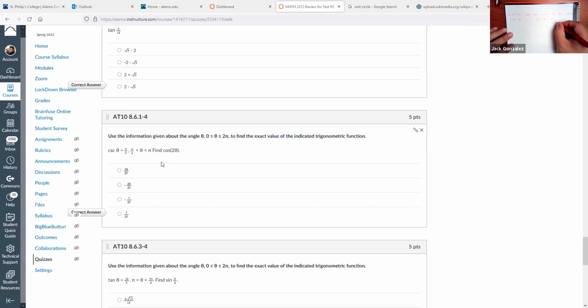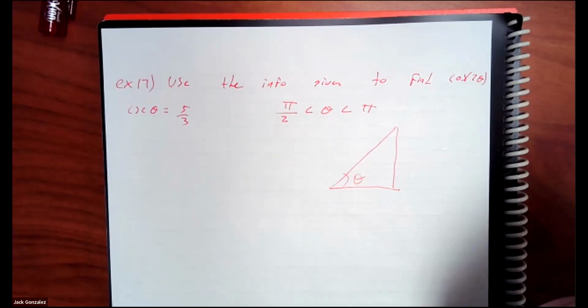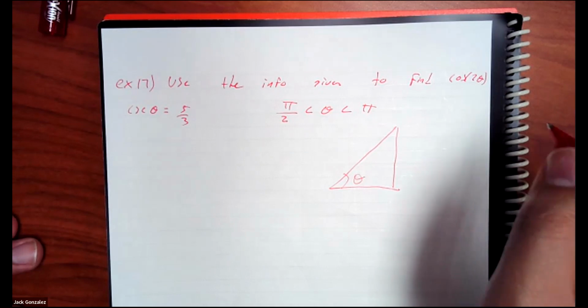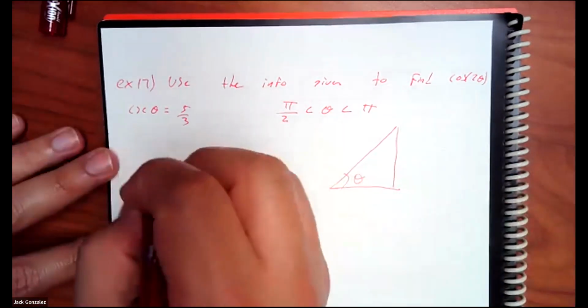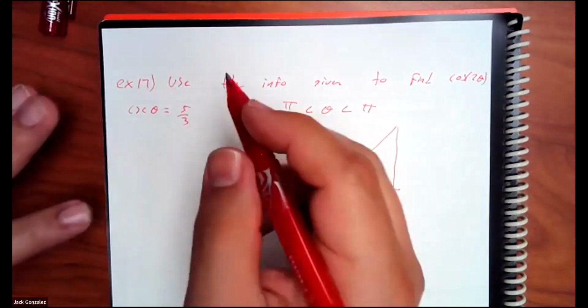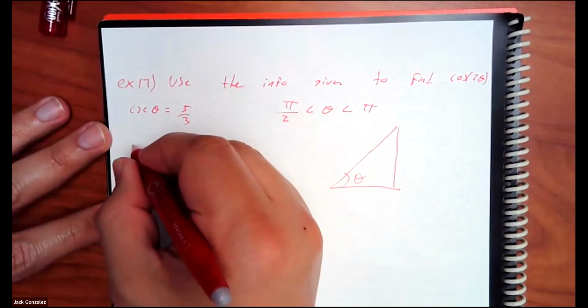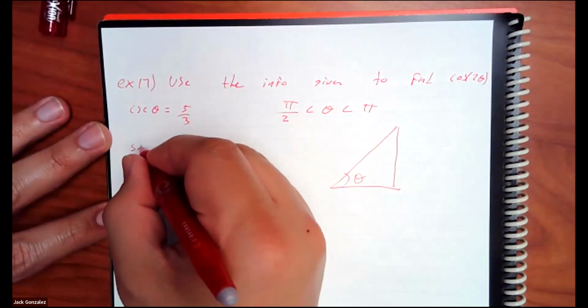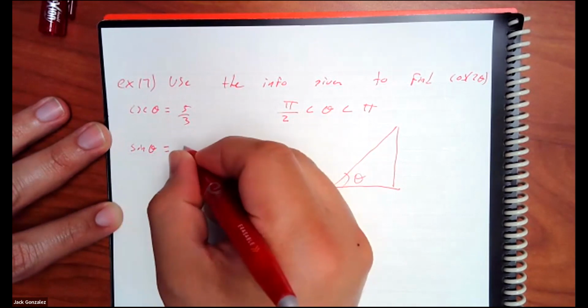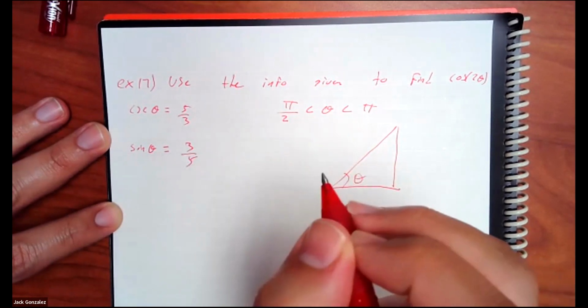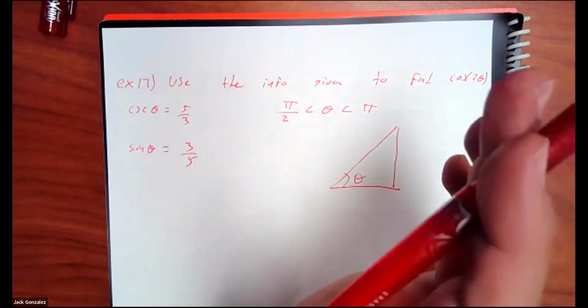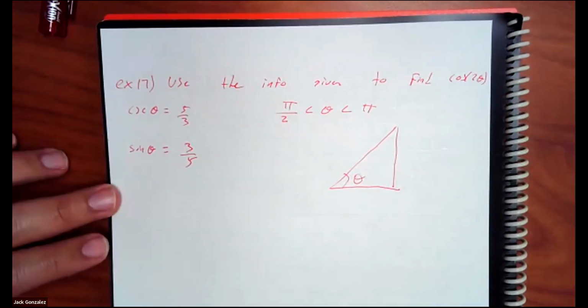So we might need the triangle. Let me shift back, forgot. So cosecant is the same as, if I flip it over, sine theta equal to 3/5. Or you can use the cosecant definition if you don't want to do this.